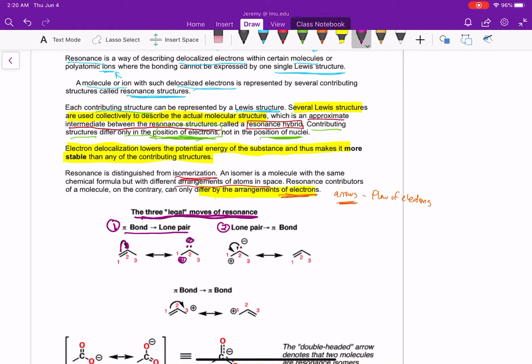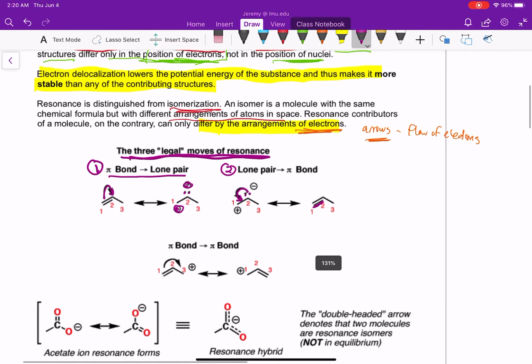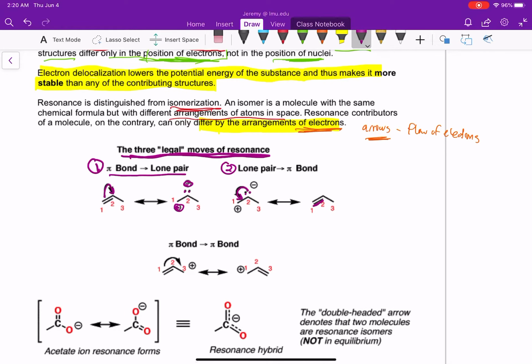Here we have 2 electrons, and we're drawing an arrow in between carbon 1 and 2 to show that we now have a pi bond. The next electron pushing we can do is move a pi bond to form a different pi bond. Here I have a pi bond between carbons 1 and 2. That's now going to form a new pi bond between carbons 2 and 3.